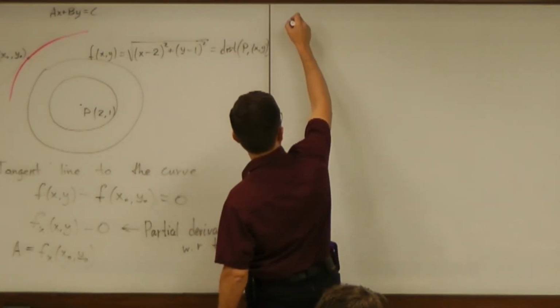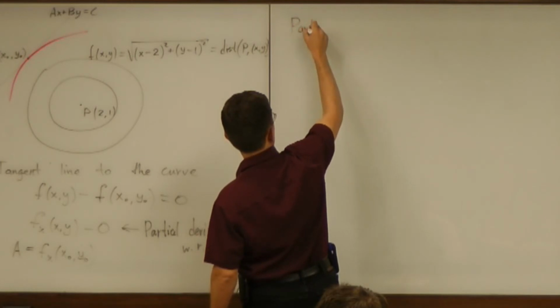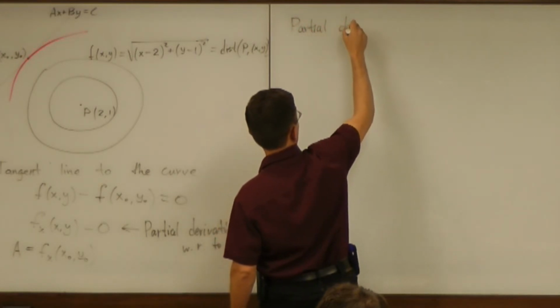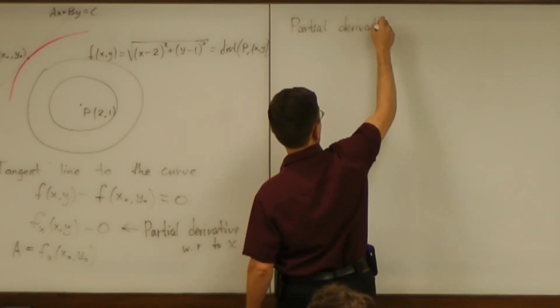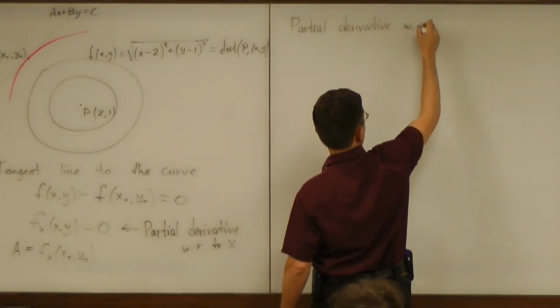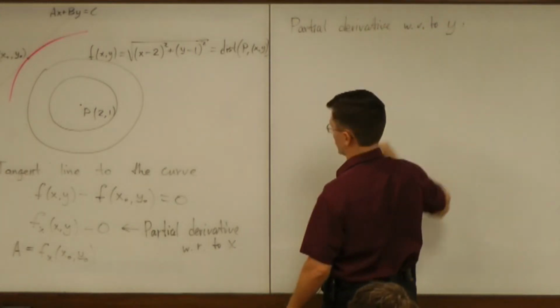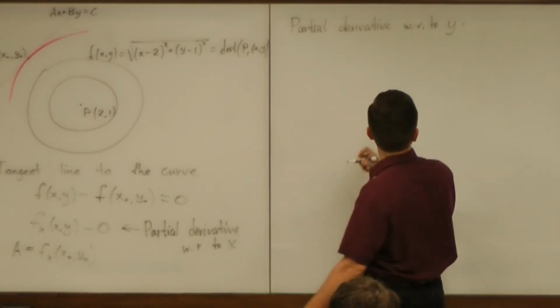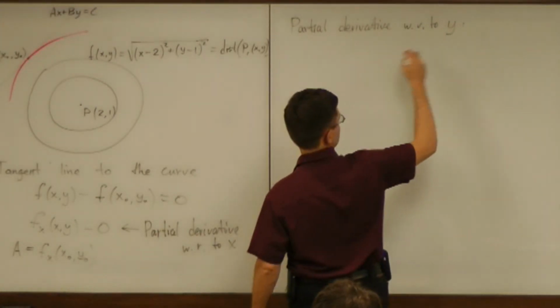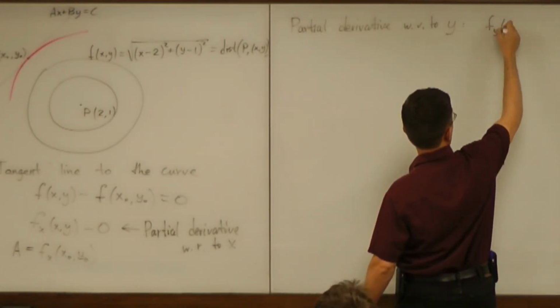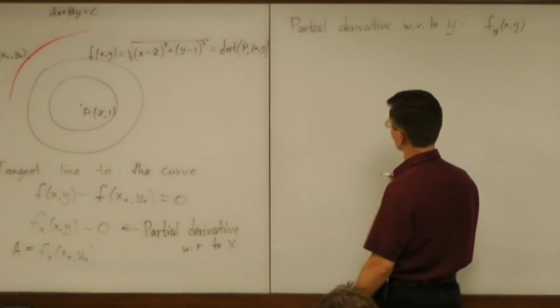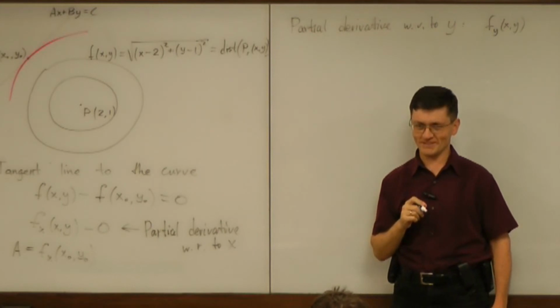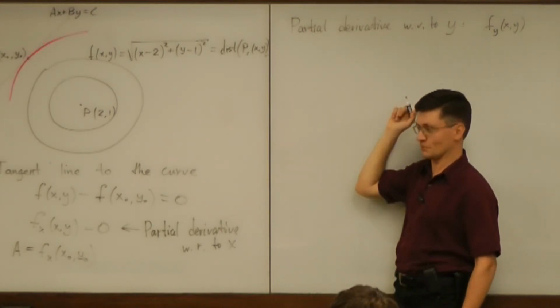Now what is the partial derivative with respect to y of the whole thing? fy of x, y minus 0. fy of x, y, and if you allow me not to write minus 0, then this is what the partial is.